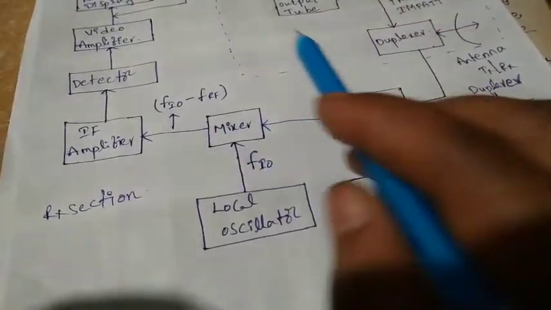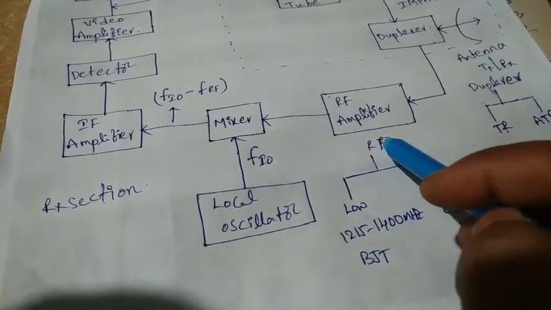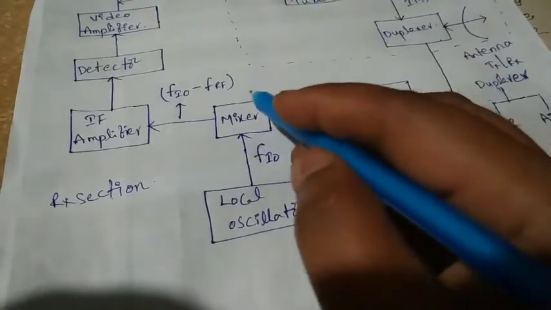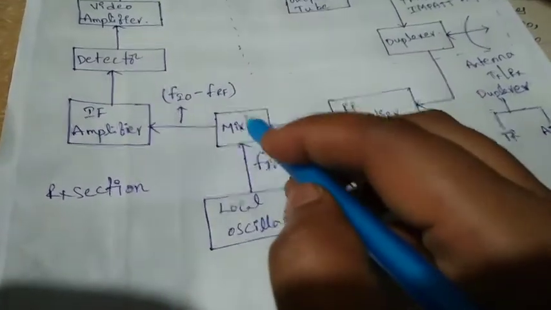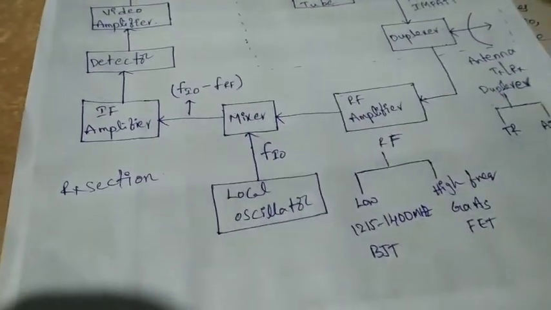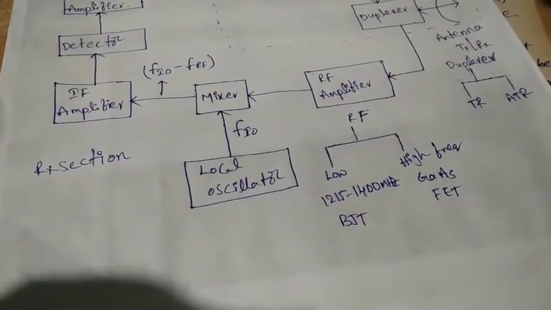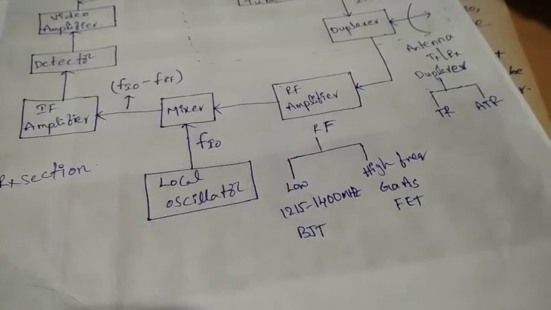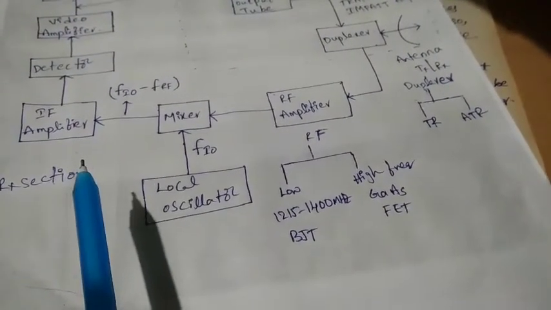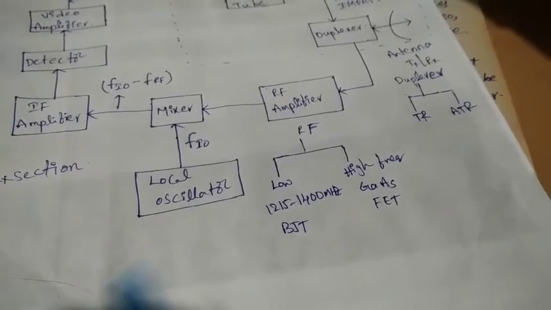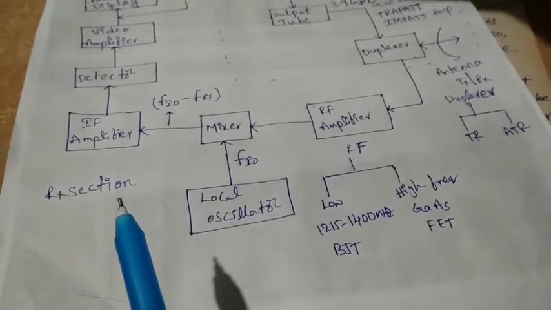So here the RF signals are down-converted with the local oscillator through the mixer. The IF amplifier is a cascaded tuned amplifier. This amplifier can eliminate the noise and provides the required bandwidth of the frequency.